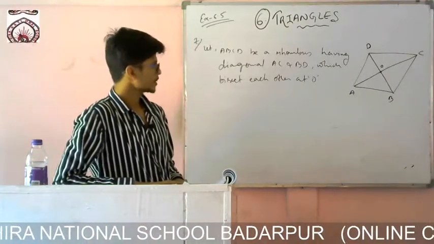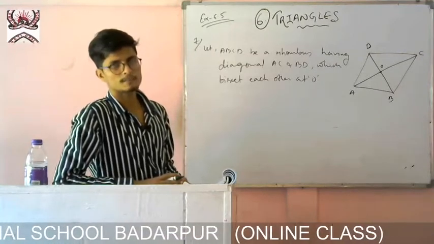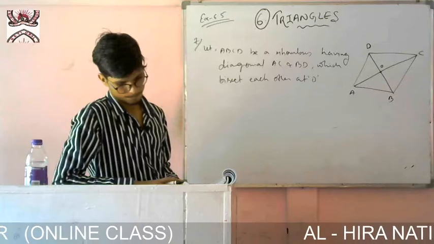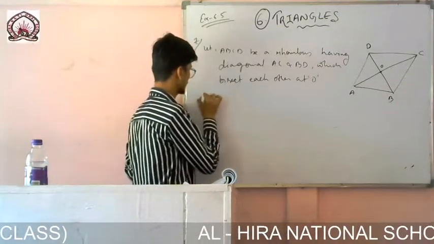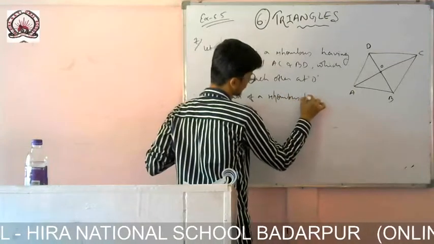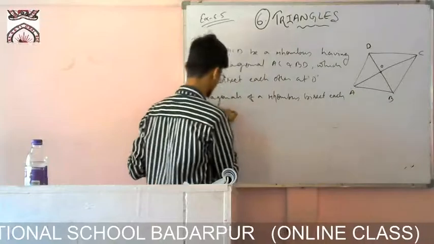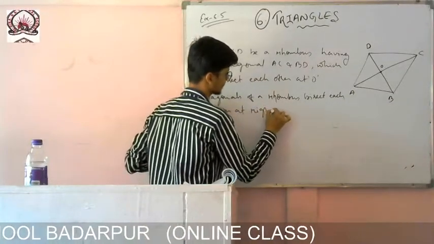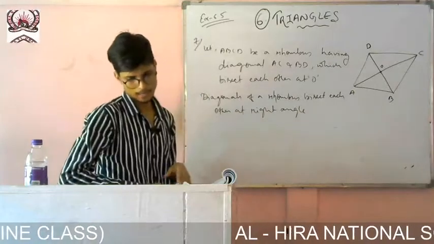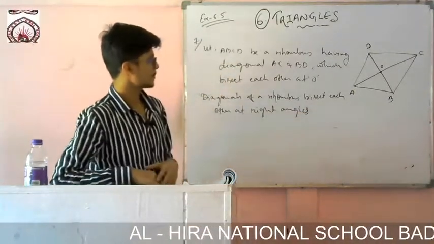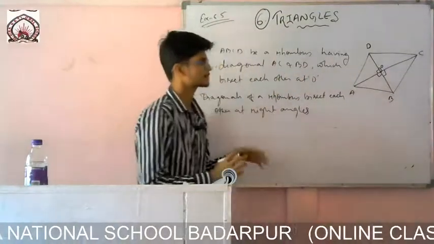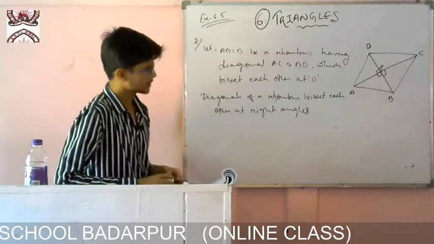One thing we know is that the diagonals of a rhombus bisect each other at right angles also. So I write like this: since diagonals of a rhombus bisect each other at right angles, whenever the diagonals cross, all these angles will be 90 degrees, okay.